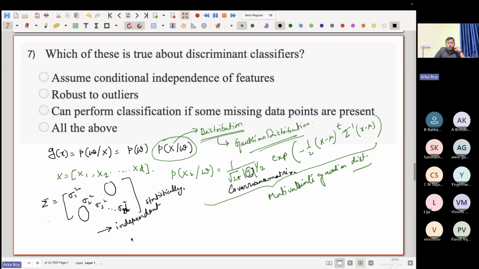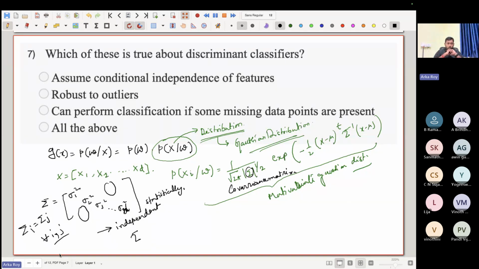Another case of sigma was sigma i equal to sigma j for all i, j. That means sigma 1, sigma 2, sigma 3 are all the same, and notably, the off-diagonal elements were non-zero.